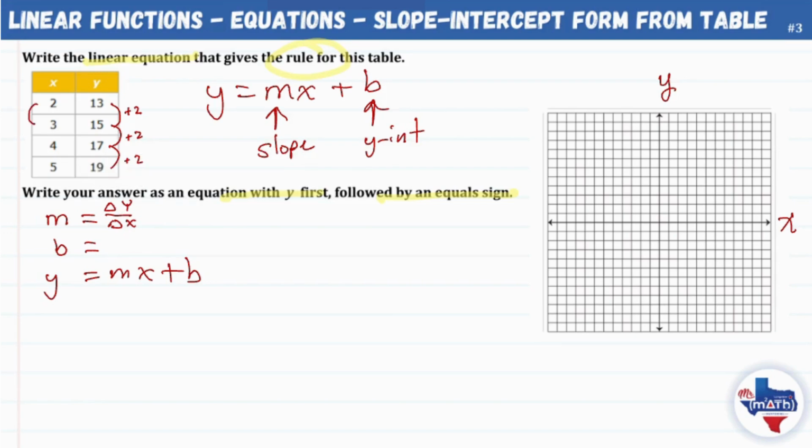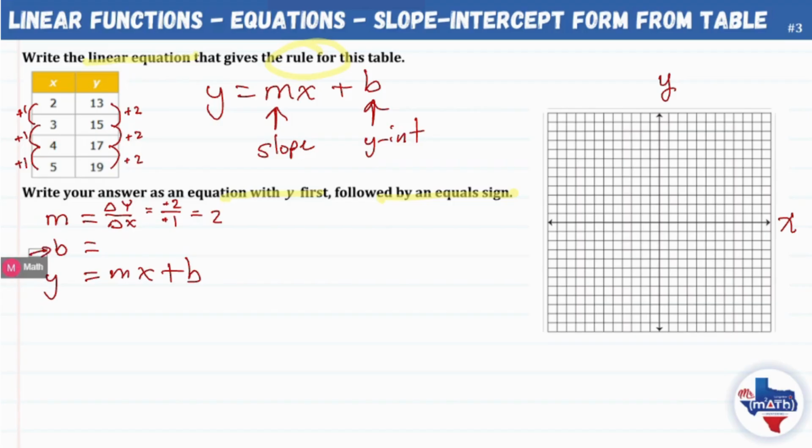From 2 to 3, it's changing by plus 1. 3 to 4, it's increasing by 1. And 4 to 5, the x's are increasing by 1. So it looks like my y's are changing by an increase of 2, and my x's are changing by an increase of 1. So 2 divided by 1 is 2. So my m is 2.